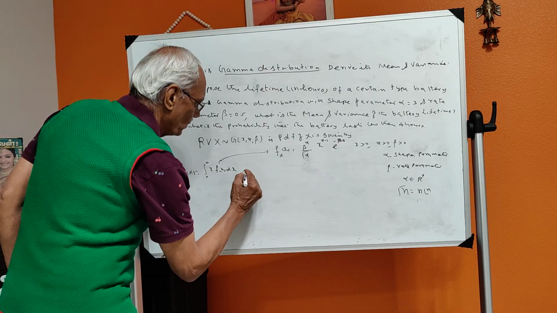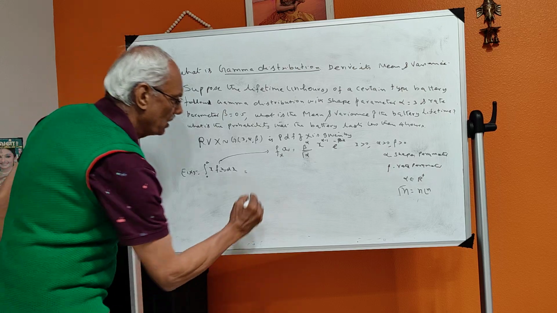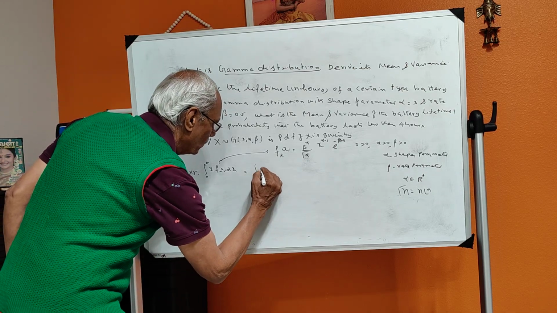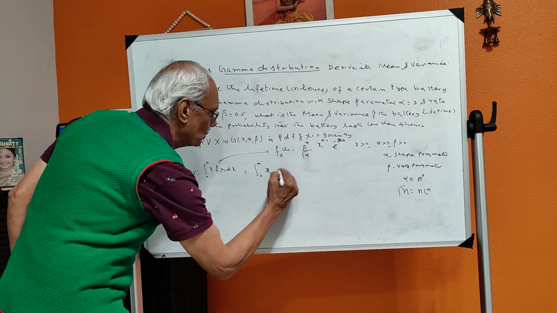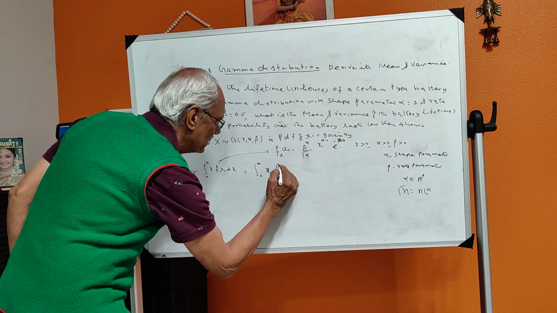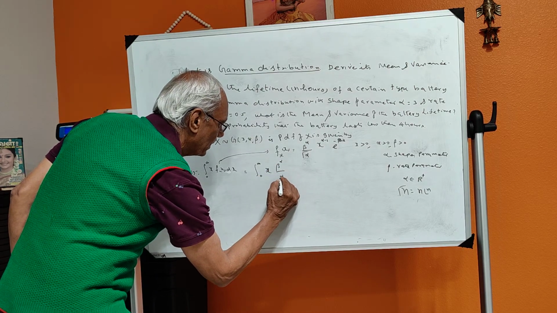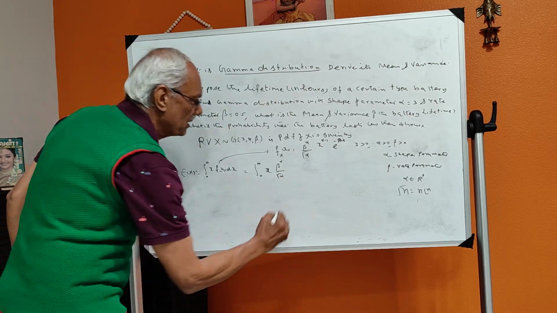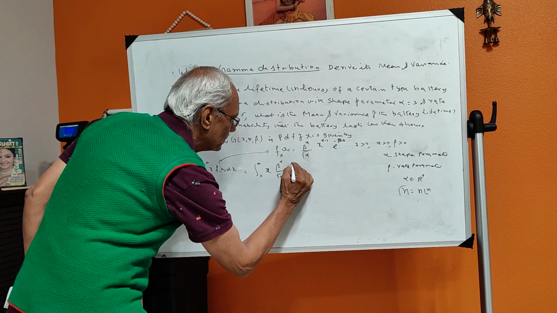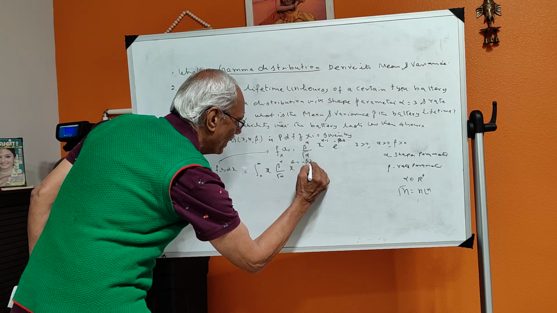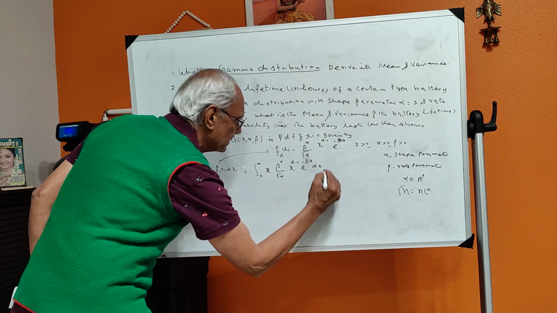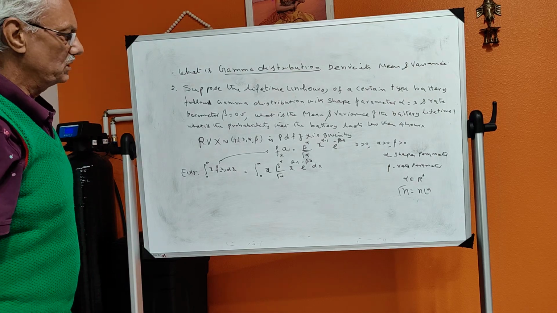So this is equal to the integral from 0 to infinity of x into beta to the power of alpha over gamma of alpha, into x to the power of alpha minus 1, e to the power of minus beta x, dx. So this is what we get.